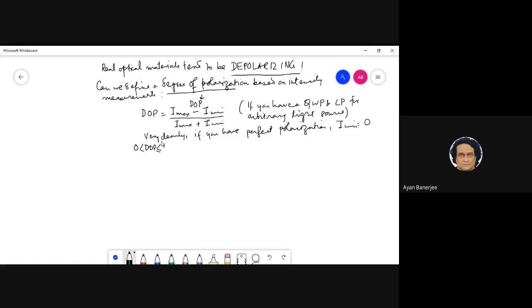The Stokes-Mueller algebra is what is typically used. Okay, but before we go to Stokes-Mueller, we have to define another very important thing, which is, I would say, even more basic.